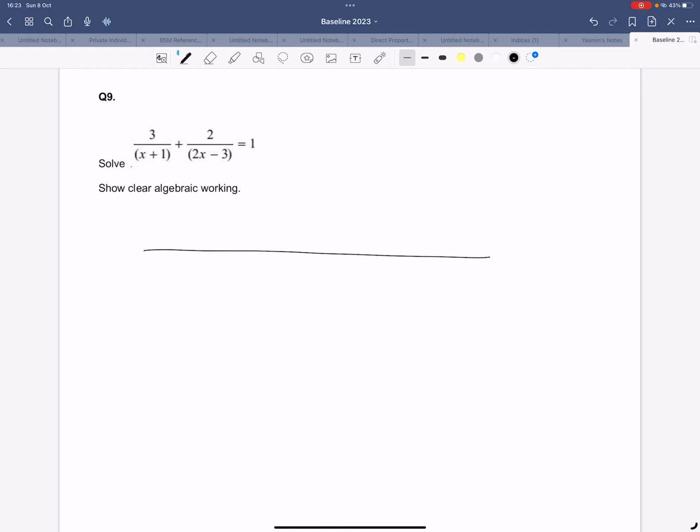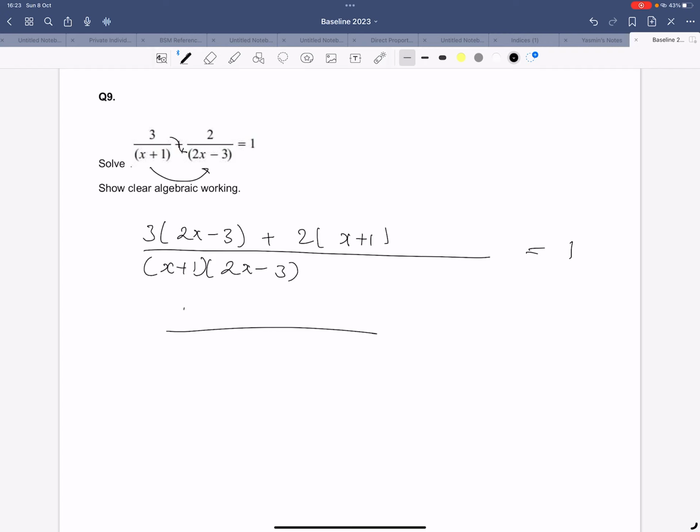Okay, so let's go. x plus 1 and 2x minus 3. So 3 open bracket 2x minus 3 plus 2 open bracket x plus 1. All we did is this times this, this times this, and this times this, and this all equals 1 over x plus 1 and 2x minus 3. Expanding the top, 6x minus 9 plus 2x plus 2.